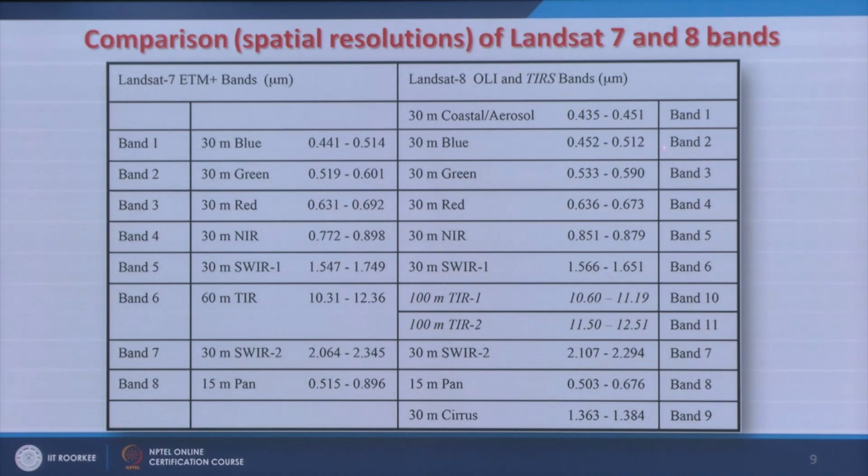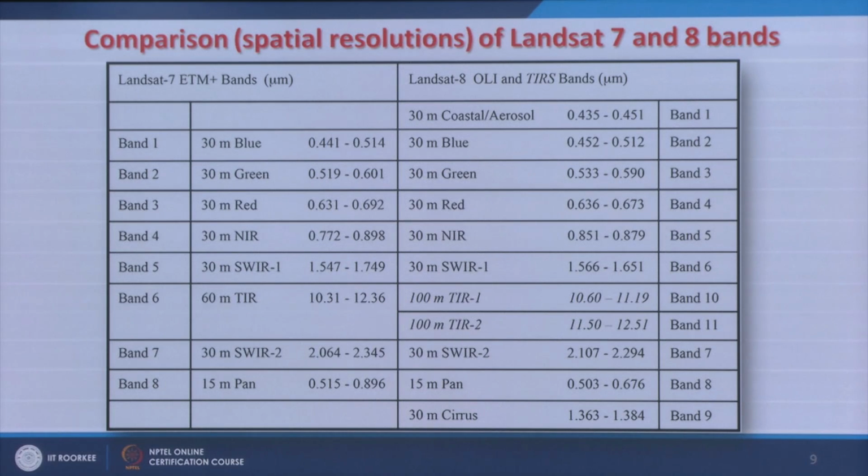There is a change in the numbering of these bands, but from band 1 to 5 there is not much change in terms of spatial resolution, nor much change in their position, but definitely, as we have seen in the previous slide, these bands in Landsat 8 have become much narrower.